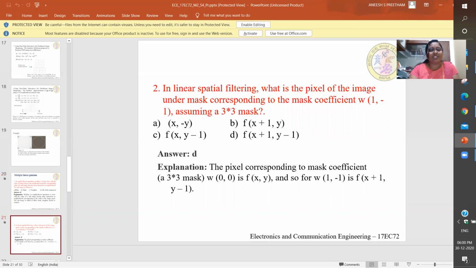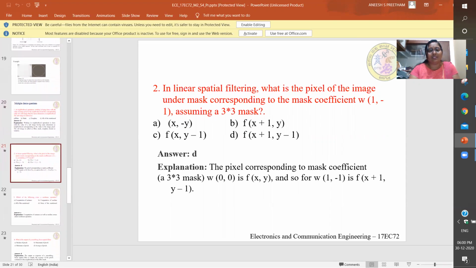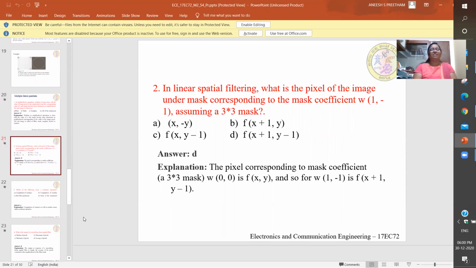Okay, so next question. In linear spatial filtering, what is the pixel of the image under mask corresponding to the mask coefficient W of 1 minus 1, assuming a 3 by 3 mask? Option A f of x comma minus y, B f of x plus 1 comma y, C f of x comma y minus 1, D f of x plus 1 comma y minus 1.